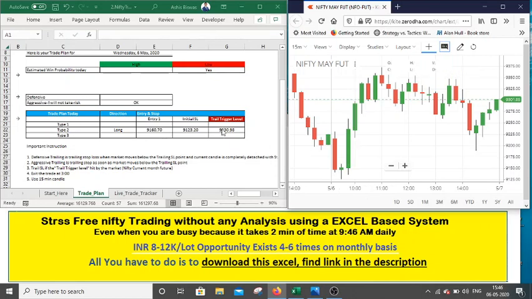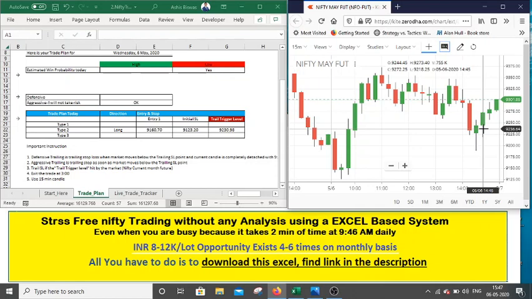Once the market achieves this trailing trigger level, you have to trail your stop loss to cost. So your trade becomes completely risk free at that point, and then you have to exit at the close. Suppose today's close at 3 p.m. is 9272.